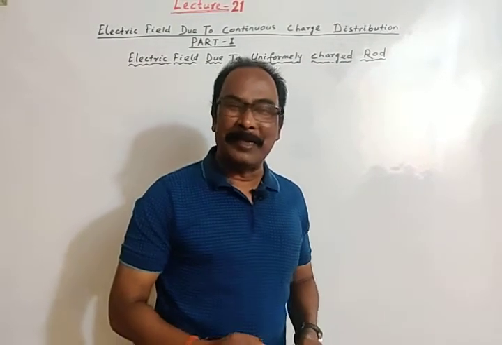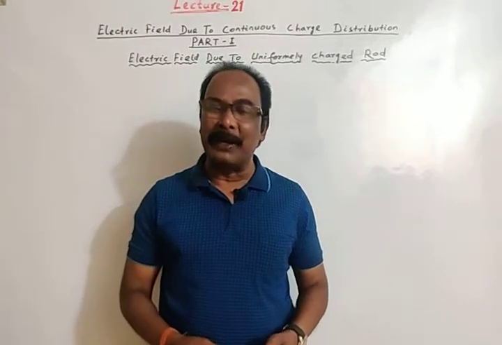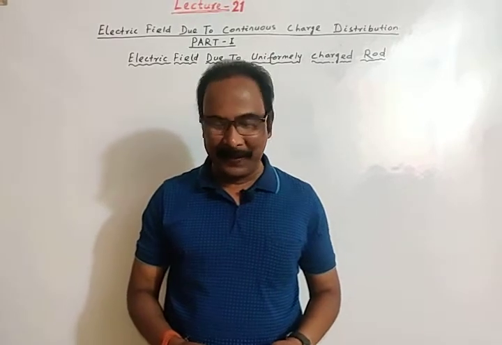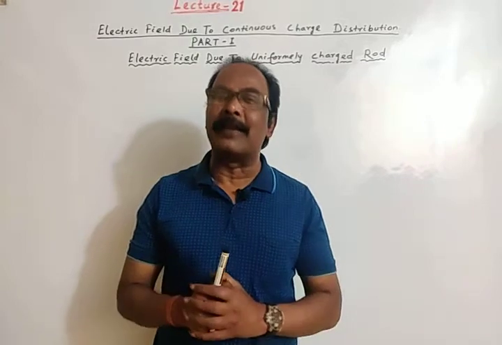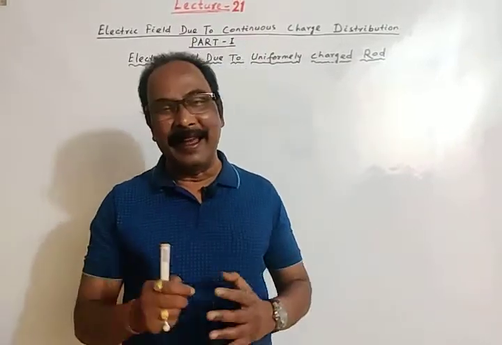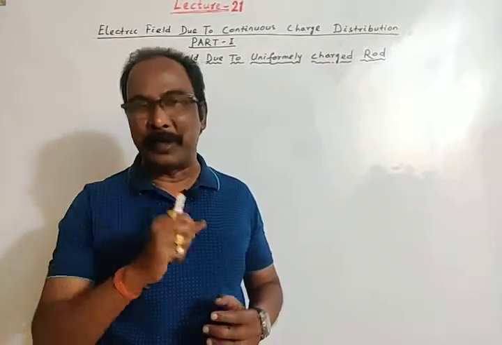Welcome to Cars Physics. This is my lecture 21 on electrostatics and we are continuing electric charge and electric field. In this lecture, we will start our discussion of how to find electric field or electric field intensity due to continuous charge distribution.